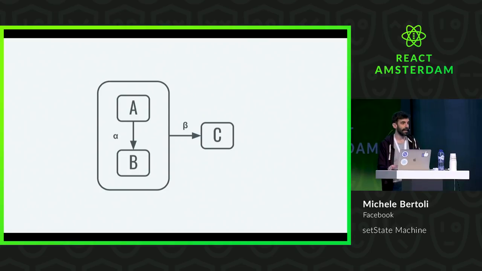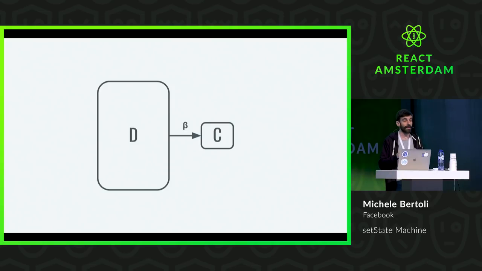This makes the chart way cleaner. You can also zoom out a bit and give this compound state a name, D for example. So from D, on the input beta, it goes to C. And this is pretty cool because you can assume that every state also has a state machine inside. You can have nested state machines.